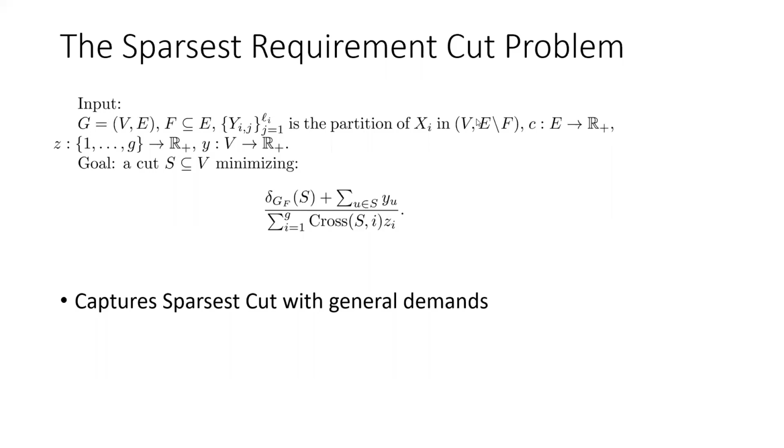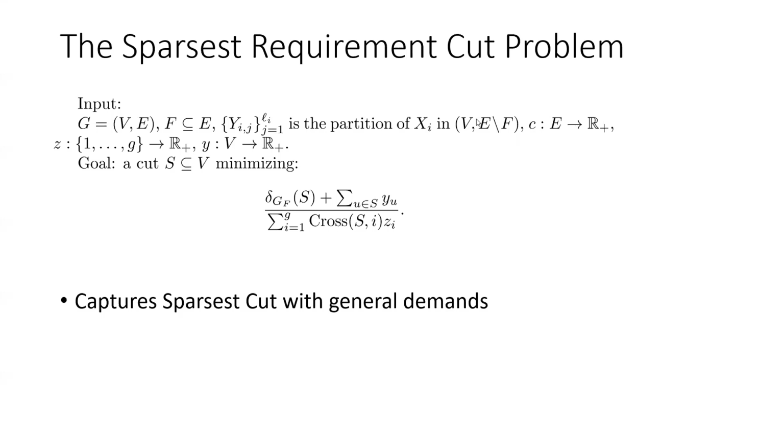And we have also for each X_i the Y's that partition it in the graph G without F. Also, we have weights for the edges and weights for each set X, and also weights for each vertex. And what we want to achieve here is a cut S that minimizes the following ratio.